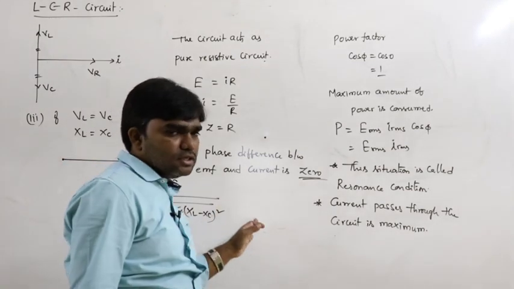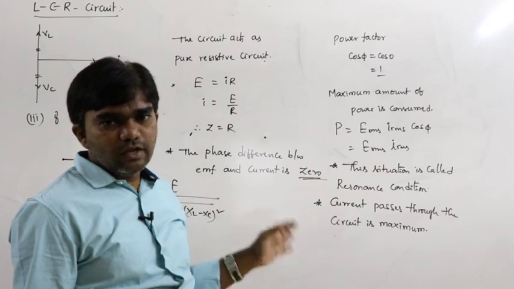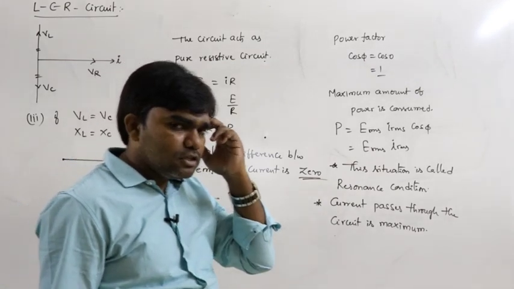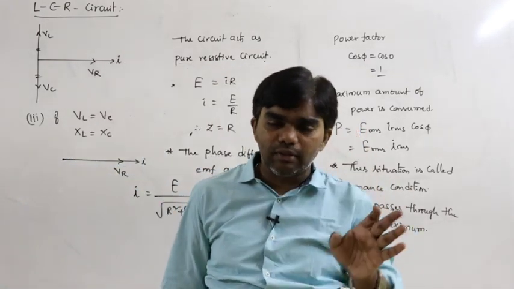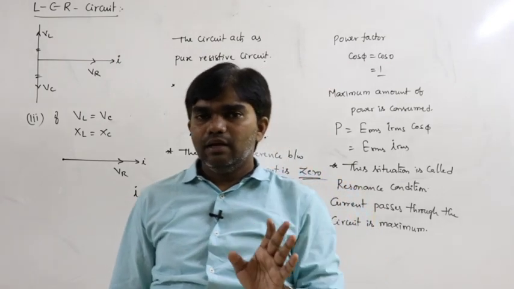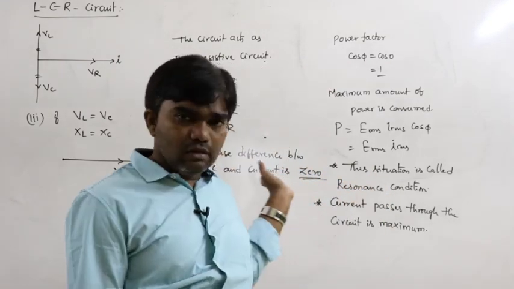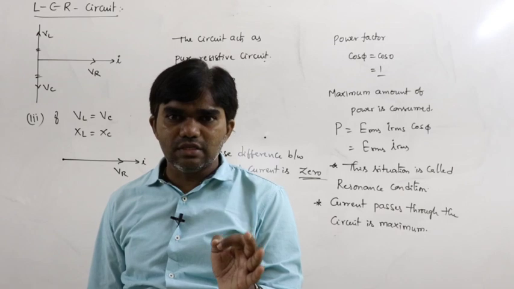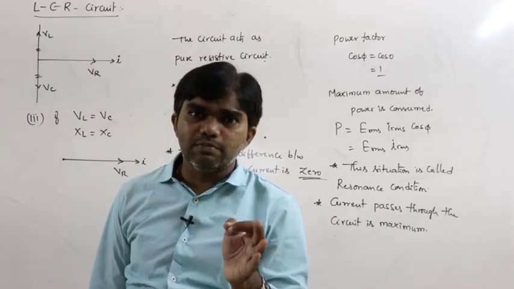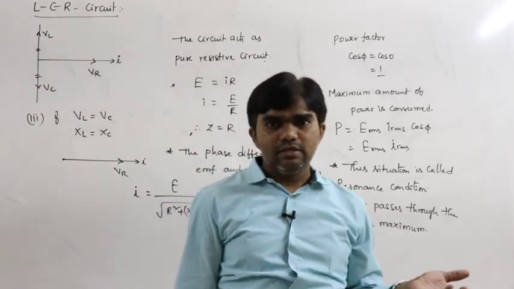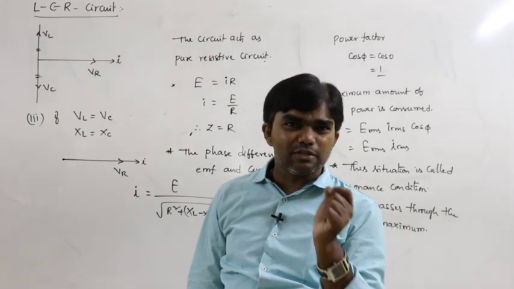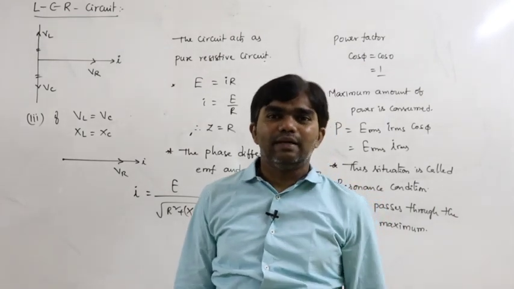The third condition is called resonance condition. What is meant by resonance condition? You have to remember this. In case of alternating current, resonance condition means the inductive reactance must be equal to the capacitive reactance, or the potential across the inductor must be equal to the potential across the capacitor.